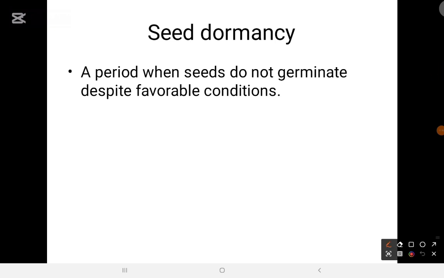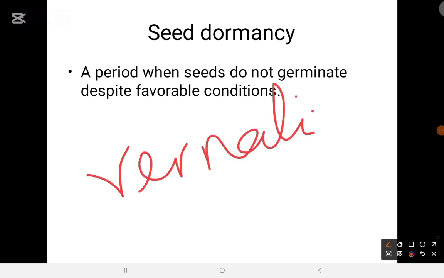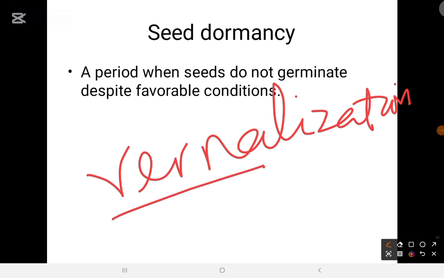How do you spell that? Vernalization. The word vernalization actually comes from Venus, and that means springtime. Ation basically means process or action.